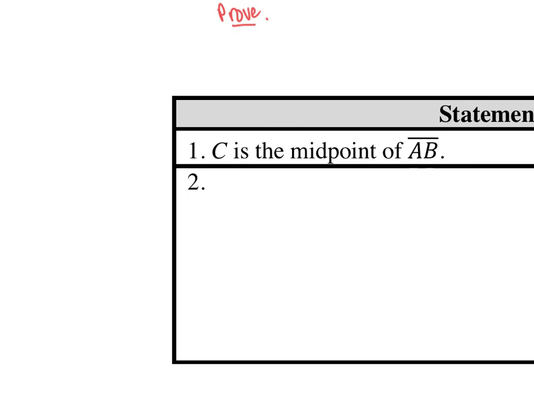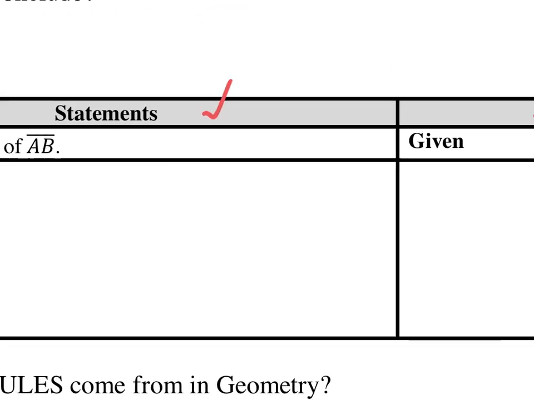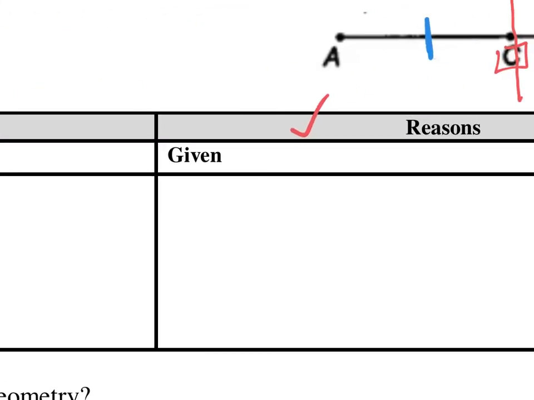Statements are what you say. So I'm going to say AC is congruent to CB. And my reasoning is a midpoint creates two congruent segments.